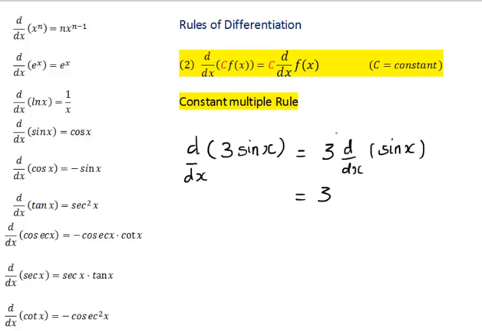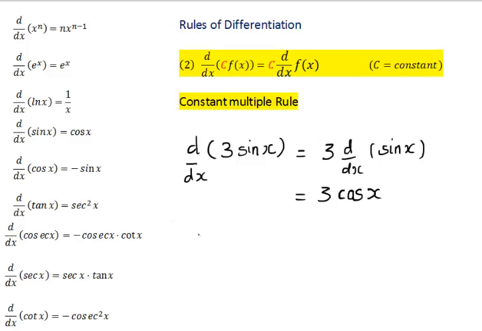So it will become 3 cos x. Once you are done with the differentiation, you can drop the operator sign d by dx. So the answer is 3 cos x. Differentiation of 3 sin x is 3 cos x.